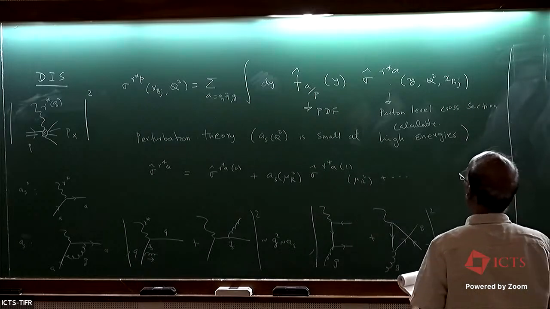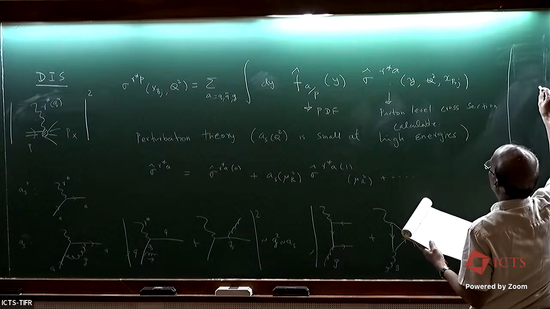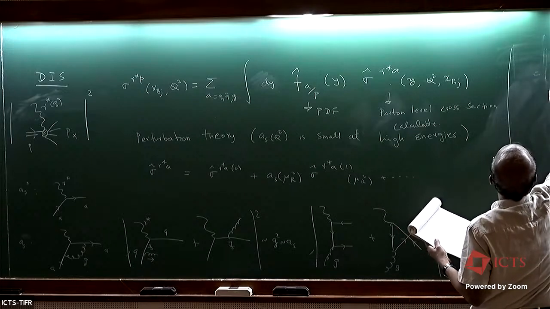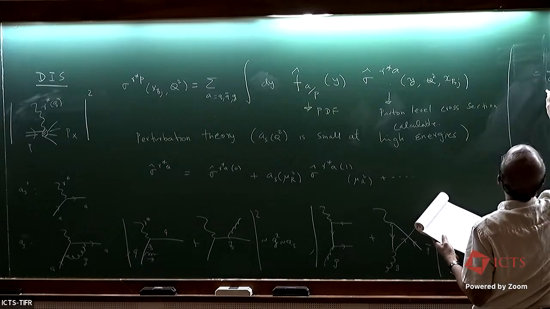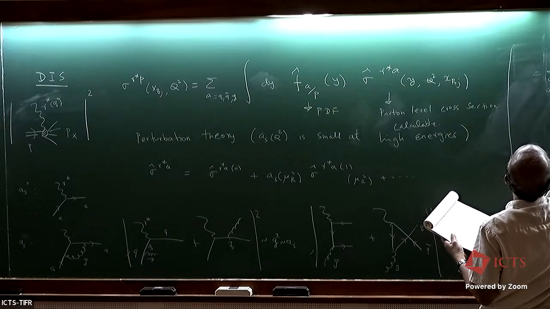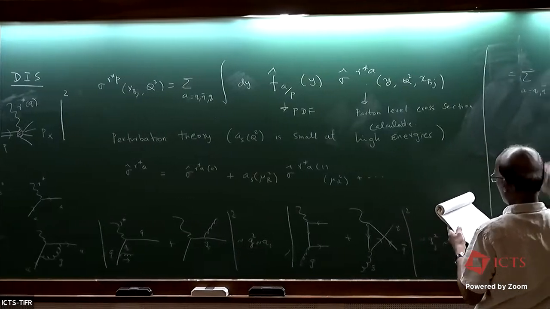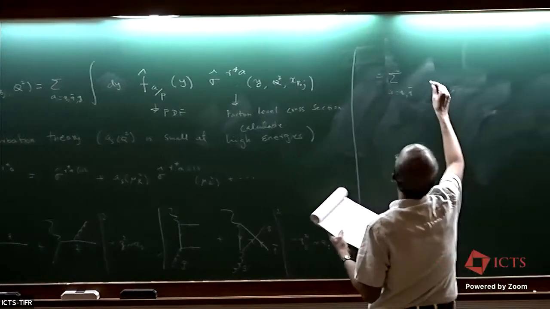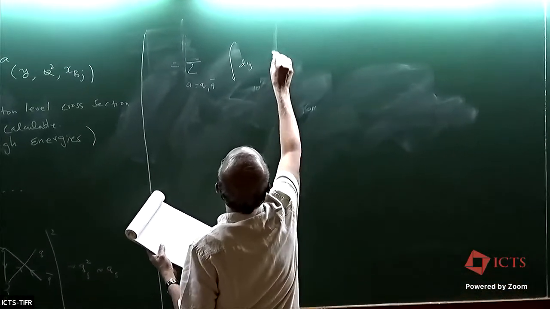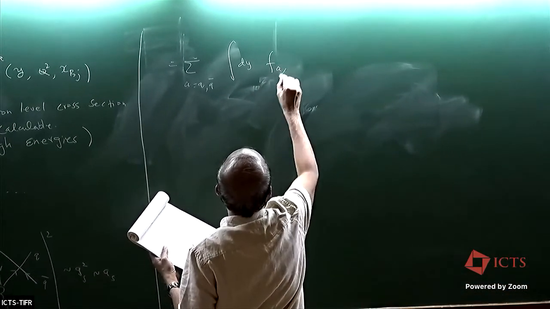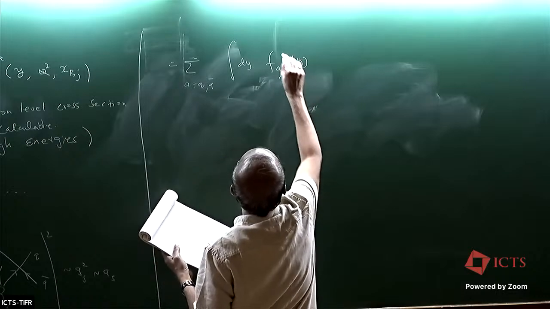So now what would the formula look like? The formula would look like sigma. First there will be contributions coming from quarks and antiquarks, etc. So integral dy, f_a of p, y.